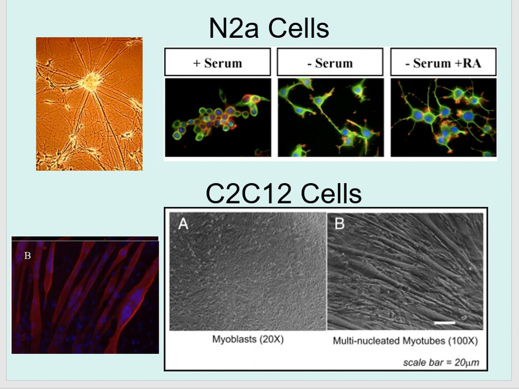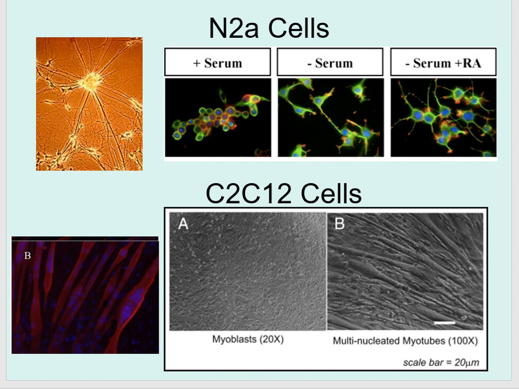Sometimes they even differentiate to stage 2 or even stage 3 neurons, but many of them will still be partially undifferentiated. Finally, if you were to use a specific agent, specific molecule that is known for differentiation, like retinoic acid, you can see the more advanced differentiation state of these N2A cells into neurons.